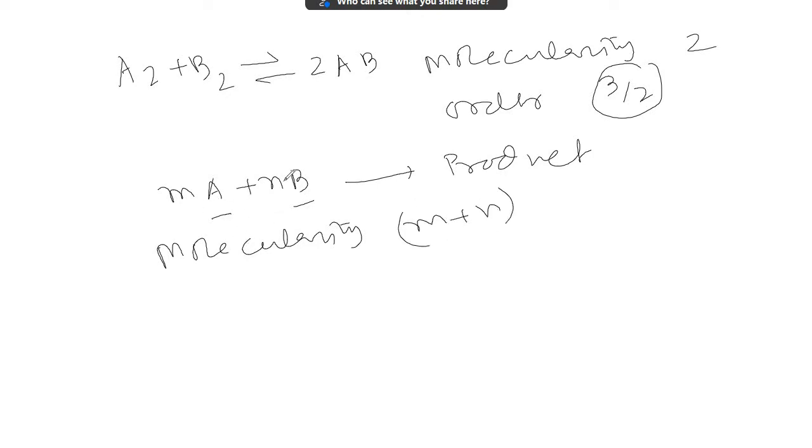And if it is a complex reaction that takes place in a number of steps, in this equation they have mentioned the slowest step as this. The slowest step should be provided to you.